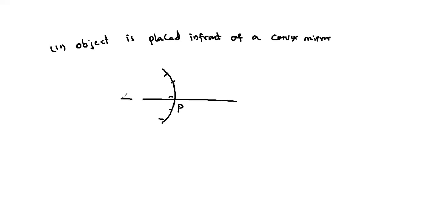Pole, focus, center of curvature. You should take any two rays. So let us take the object as O dash. Now take any two rays from the tip of the object to understand the image formation.